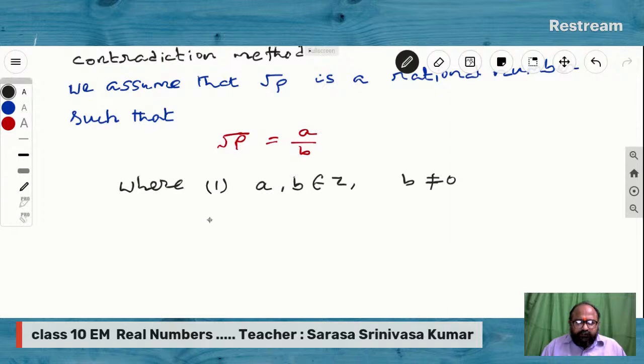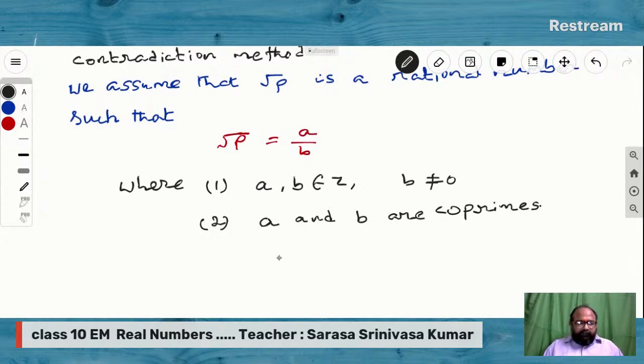Condition 2, a and b are co-primes. So co-primes means the highest common factor of a and b must be equal to 1. So we write it, highest common factor of a and b equal to 1.